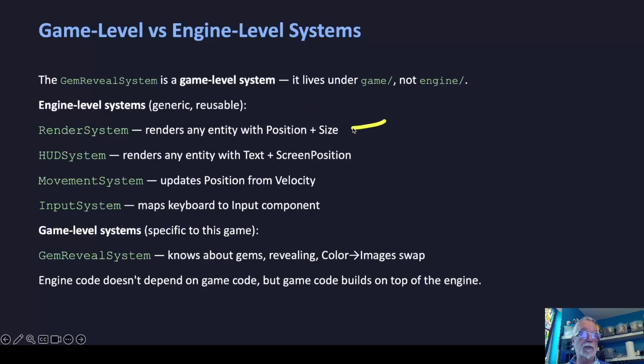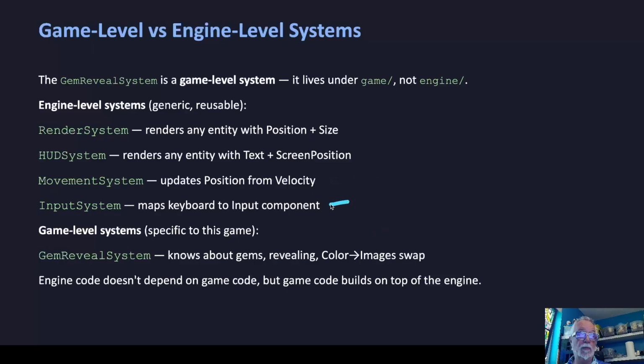So our render system is reusable, and so is our HUD system, which we developed in this class. The movement system could be in the engine, or it could be in the game. If your movement system is very specific to your game, you might want to move it from the engine into the game level. Again, there's no correct way to do this.